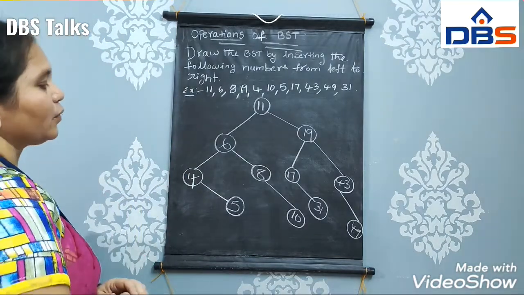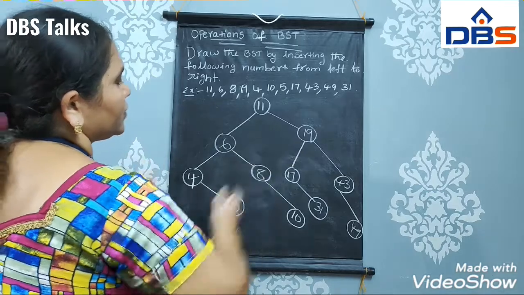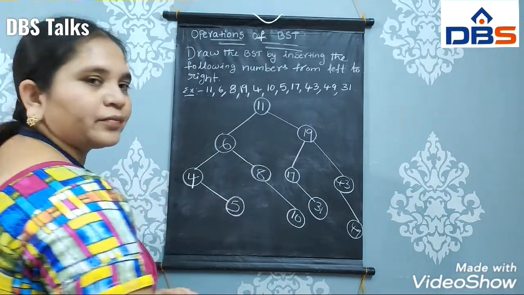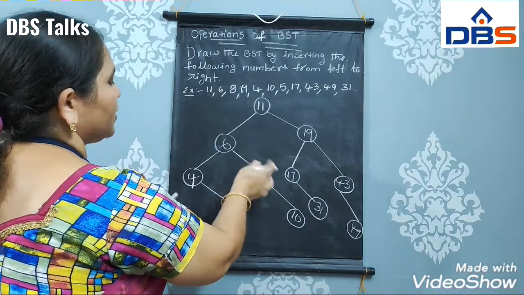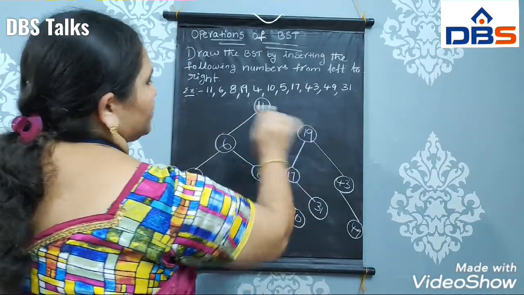So here we have different types of subtrees in this graph. Here we have two subtrees. This is the left subtree and this is the right subtree.